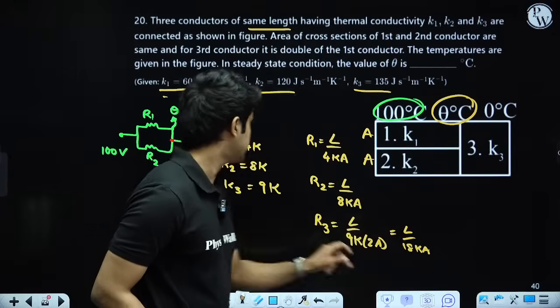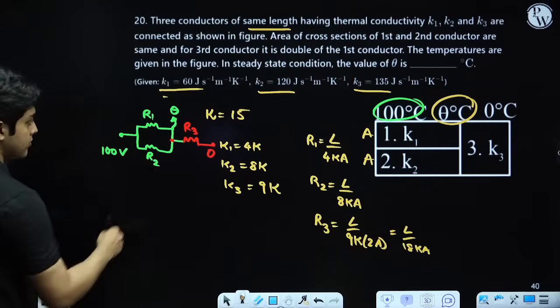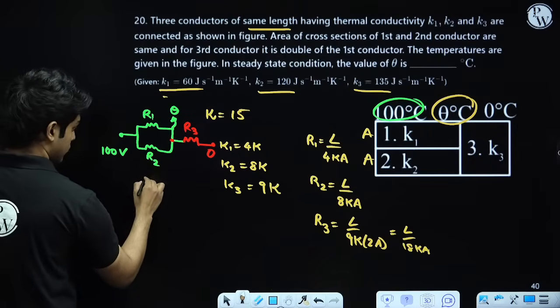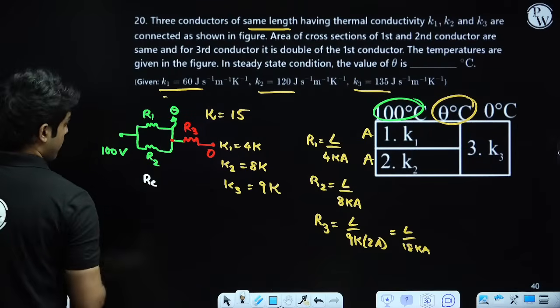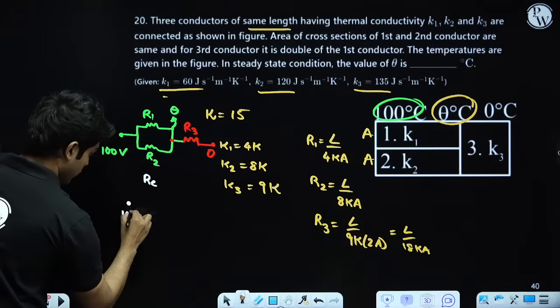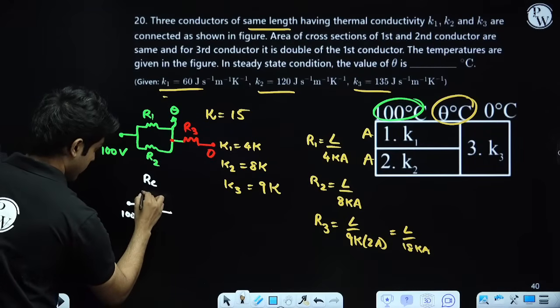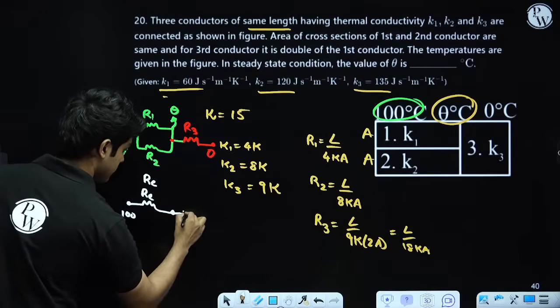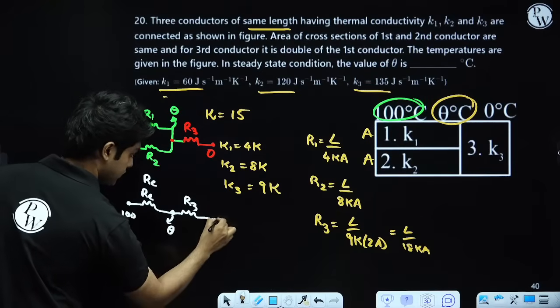What we have to find is theta. So you can just equate the current. The equivalent resistance will be R1 R2 by R1 plus R2, so let's call it R equivalent. Now the circuit is 100 volt, then R equivalent, then R3. This point is at theta, this point is at 0.